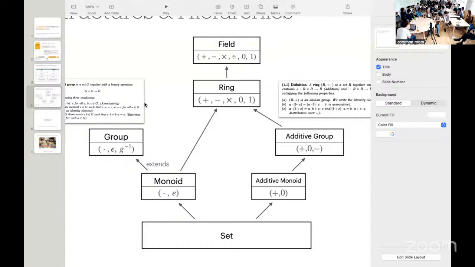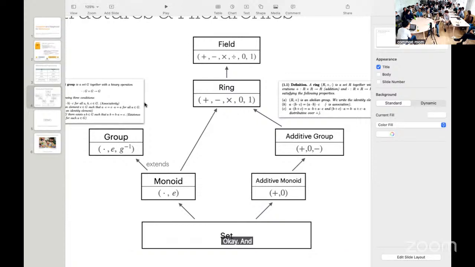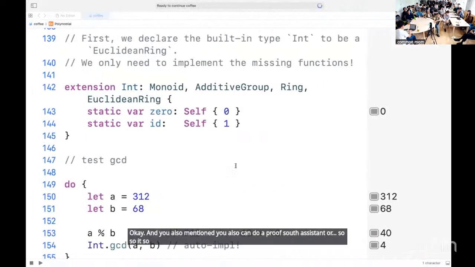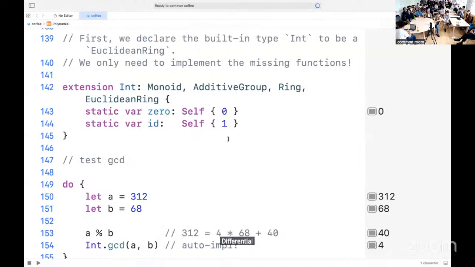So can I understand that you have a mathematical idea and give some representation, like a decimal or binary computer system? And you also can do a proof for some system? I don't think we can do differential calculus this way because we cannot express real numbers.